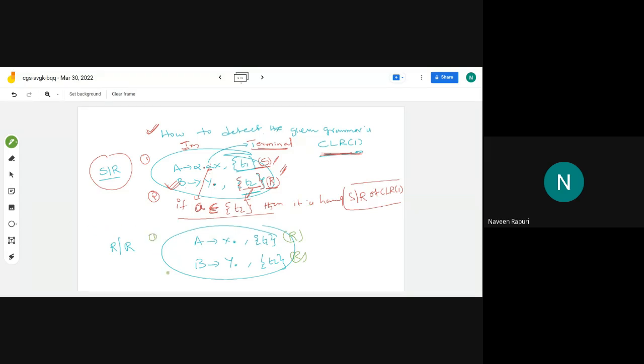Then we need to check the second property: if T1 intersection T2 equals pi, then that is a CLR1 grammar.